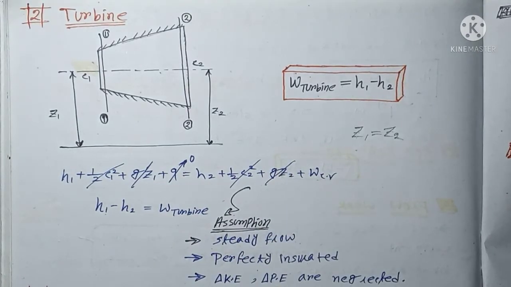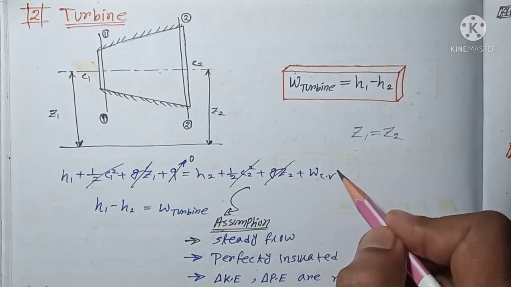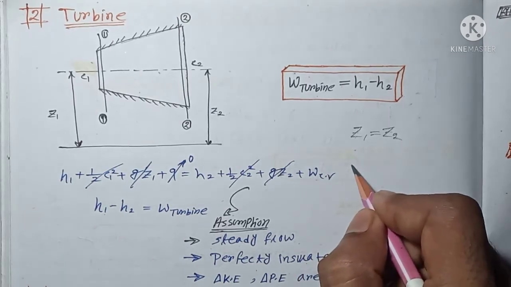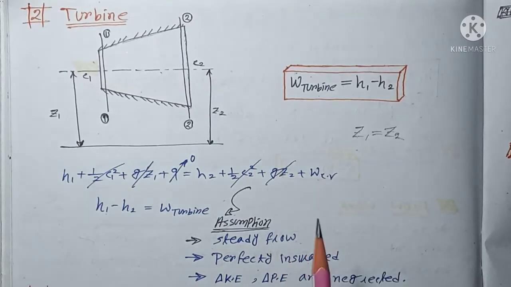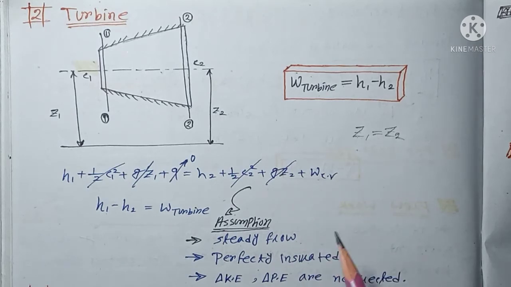And the next one is the work done by the turbine. All of you know that the turbine is a work producing device. So unlike the nozzle, we can't cancel out this work done. There will be some value of work done, which we get from the turbine, for which we use the turbine.